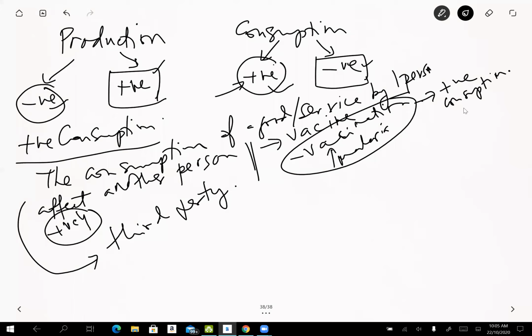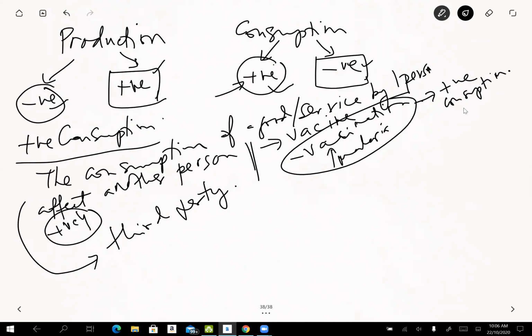If I was vaccinated when I was young, then how does it affect the society? In the case that you were exposed to malaria, the society will not be infected, and the society as a whole becomes more healthy. So that is a positive effect.